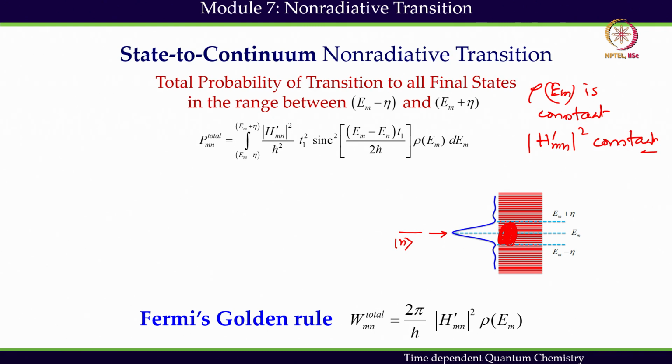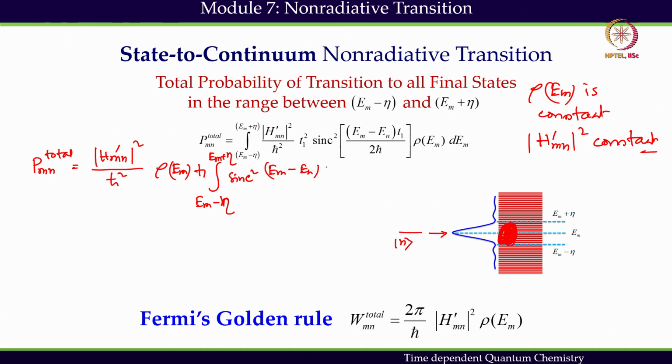Finally this integration becomes P mn total, it is going to be H'mn squared by h-cut squared, then rho Em, then T1, then this integration Em minus eta to Em plus eta, cardinal sine function squared, (Em minus En) T1 divided by 2 h-cut, dEm.